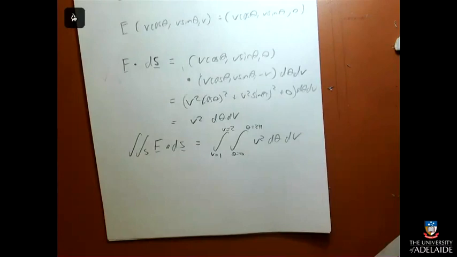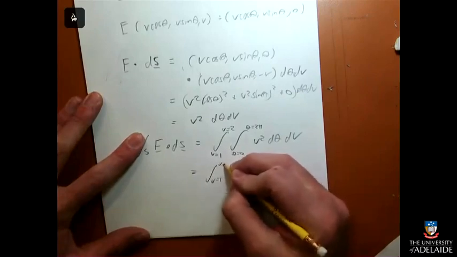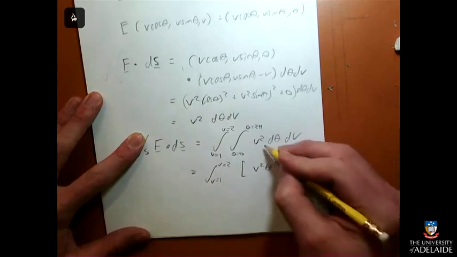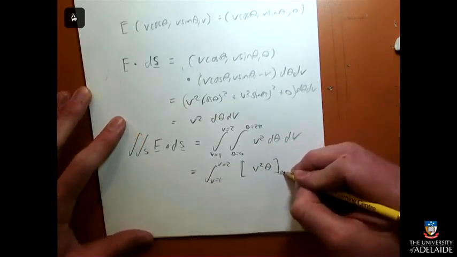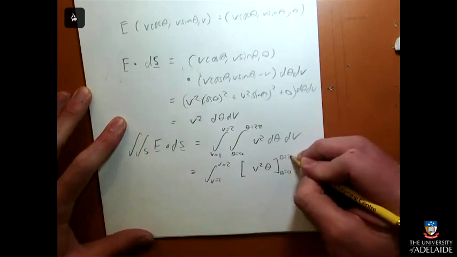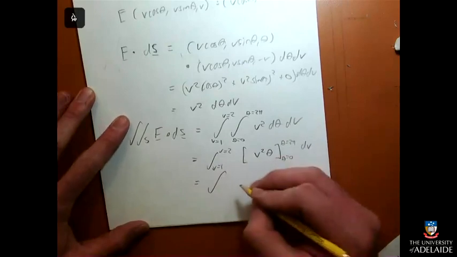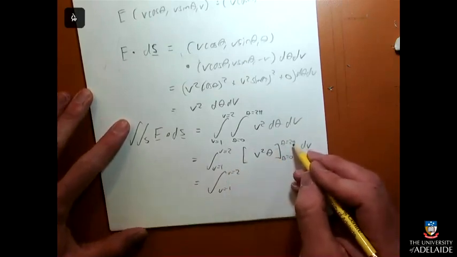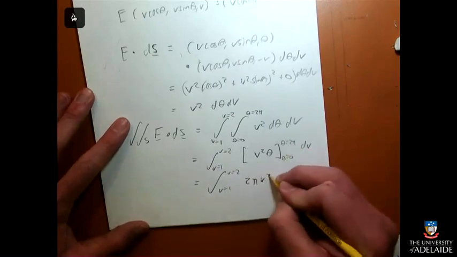Okay, so that v squared counts as a constant with respect to theta, so a theta will just attach itself. And so I've got going from v equals 1 to v equals 2 of v squared times 2 pi minus v squared times 0, so that's just 2 pi v squared.